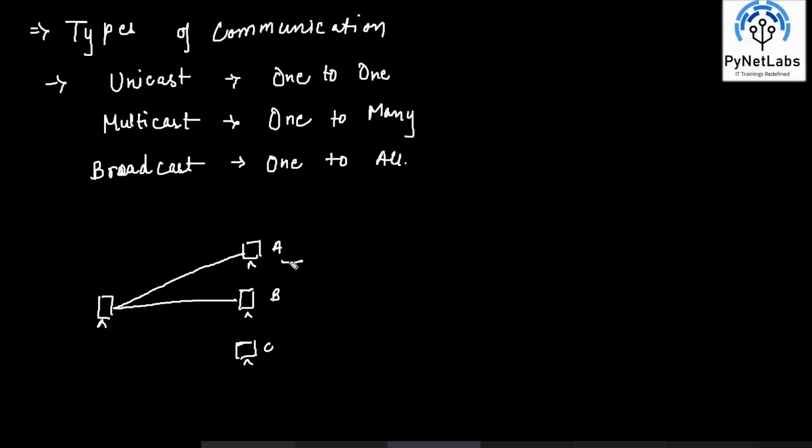You can see A and B both are getting communicated with by the admin PC. And if now the admin PC communicates with A, B, and C, then we can call it broadcast. Now this is a broadcast.